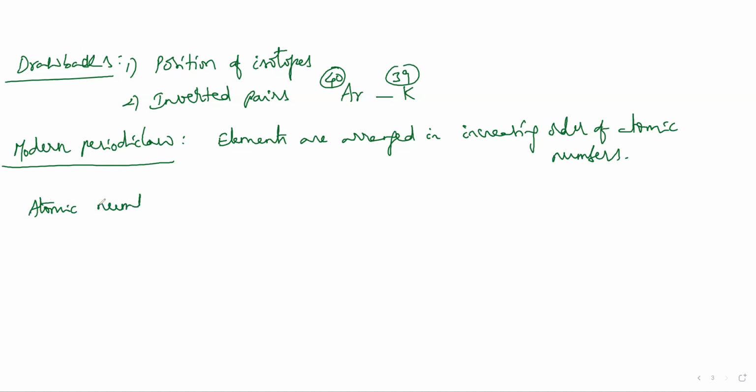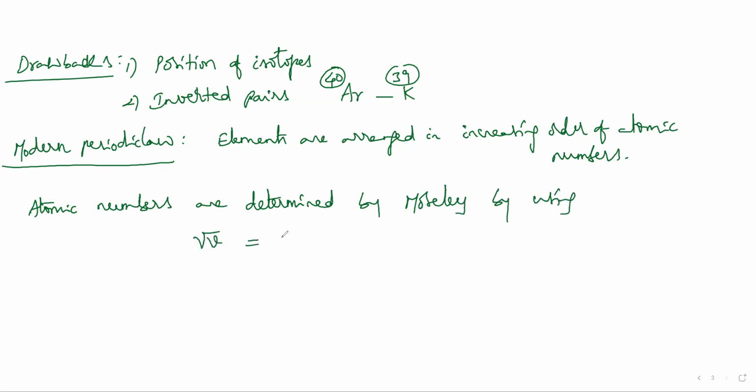Atomic numbers are determined by Moseley, by using this expression, square root of nu is equal to a into z minus b.